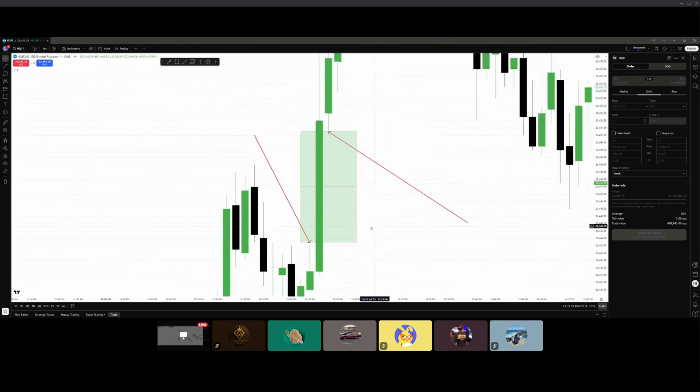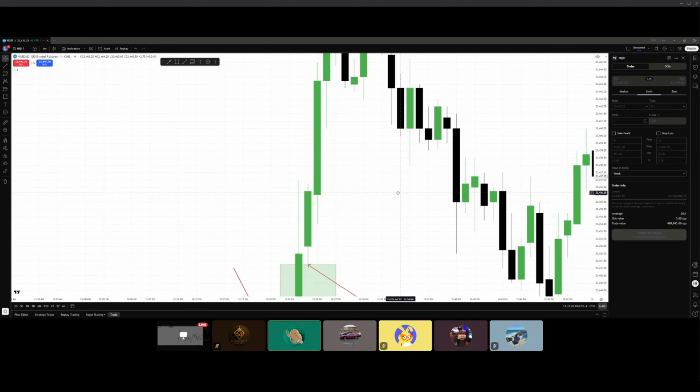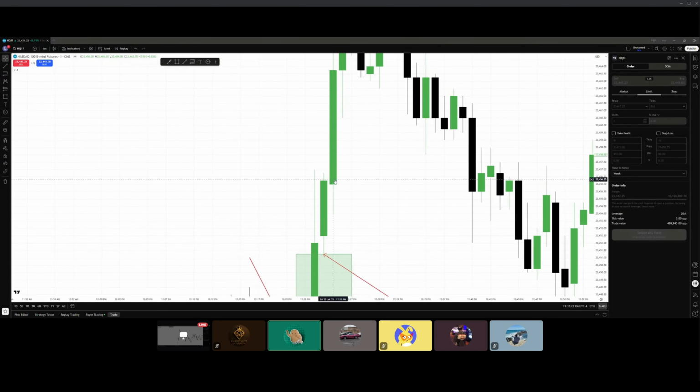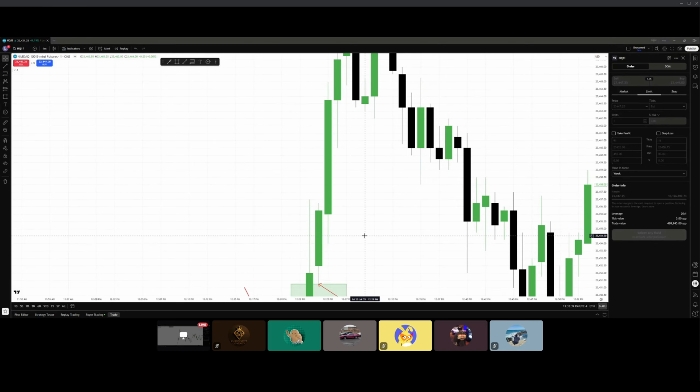And come up. You couldn't use this as a fair value gap. Why? Because this wick passes this wick. So these two wicks pass each other. Think about two cars passing each other. This car's going this way, this car's going this way. It left no gap in between. No space.